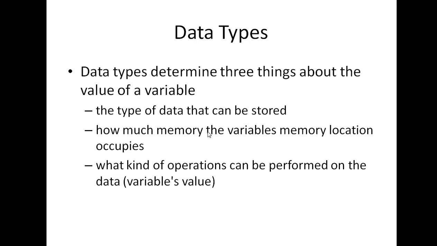And then thirdly, it's going to restrict what kind of operations can be performed on the data, or in other words, the variable's value. So obviously, if it's an int, it can be added, multiplied, things like that. If it's the name of a person, you can't multiply or add it. So it's going to determine the operations that can be done with it.